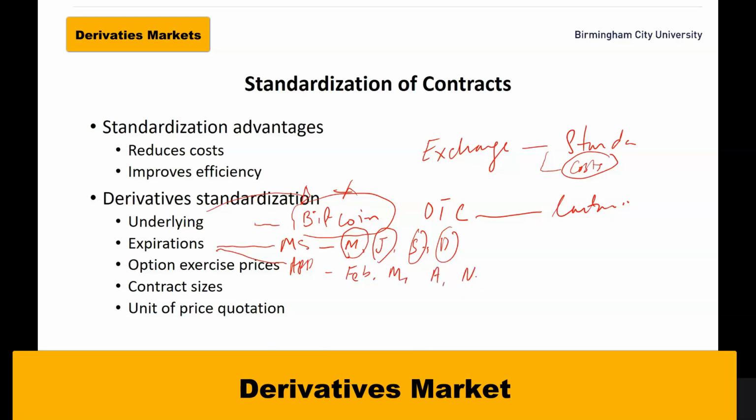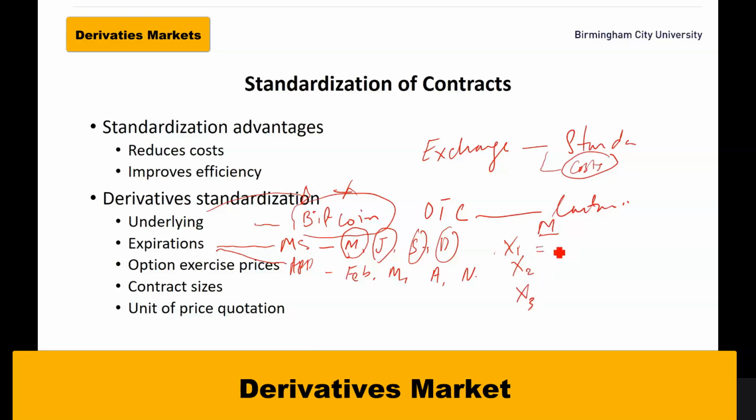So the exchange decides the expirations, and then we have the option exercise prices. So who decides what exercise price will be used? For example, in the case of options, for March contracts on Apple there are 3 exercise prices: X1, X2, and X3.